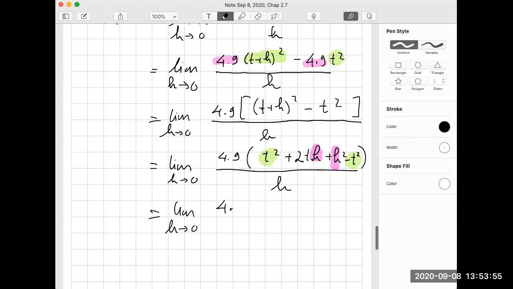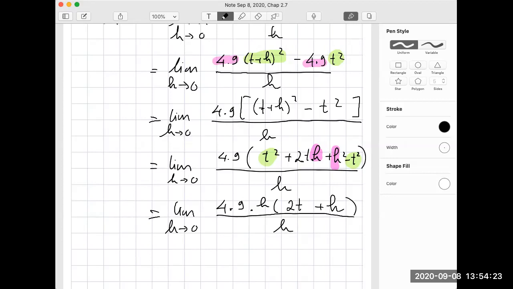The number, we just rewrite it. When we factor h out, the parentheses here will be 2t plus h, right? Again, look at this fraction.